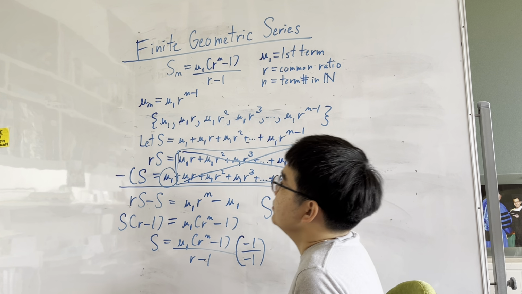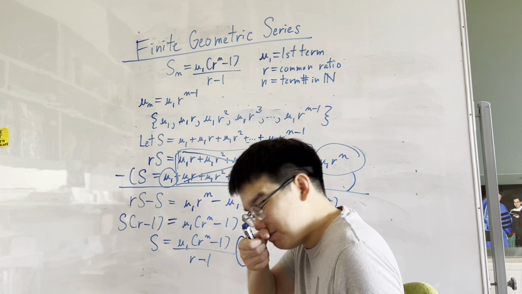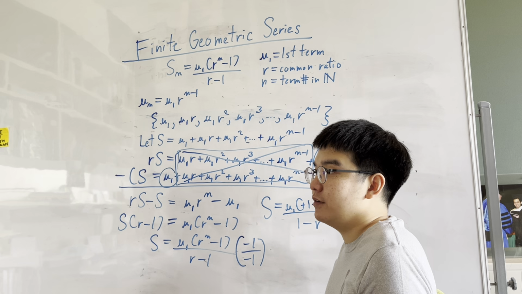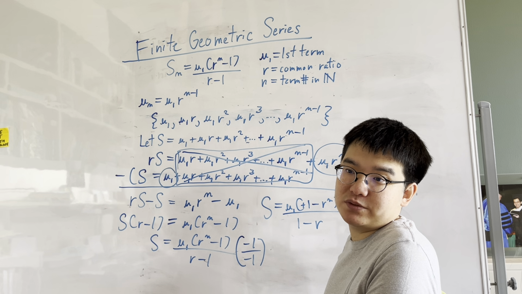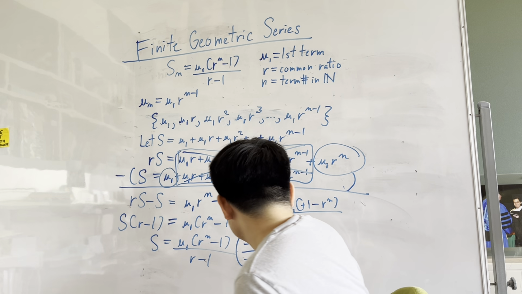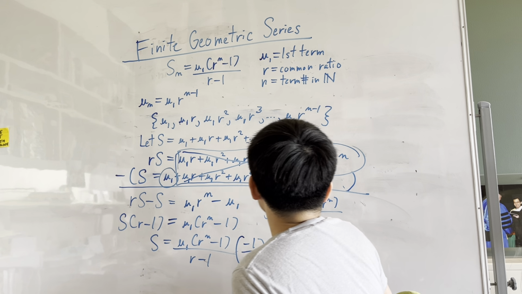Now, before we end the video, I'll do a very quick demonstration of what the infinite geometric series formula is, and the main key assumption we have to use to get that formula, which is the following.